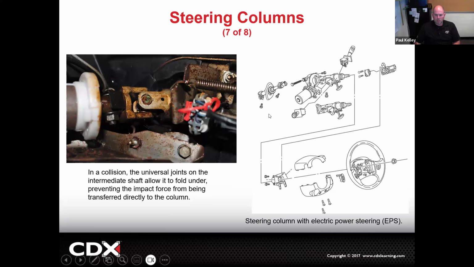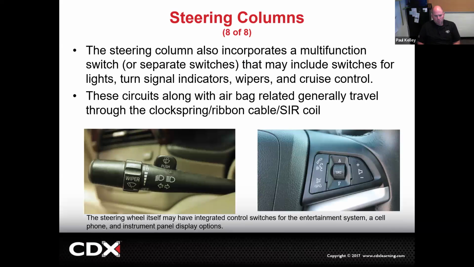So for this one, they can have several different types of motors. Sometimes the motors are for tilt and telescoping, but in this case, this is electronic power steering, where the motor is on the column, which was really popular, and it's getting less and less popular. But steering column service could actually be for an electronic power steering system motor type of thing. All right, so lots of parts there. Pretty good for you, even if you're trying to do some of this type of work.